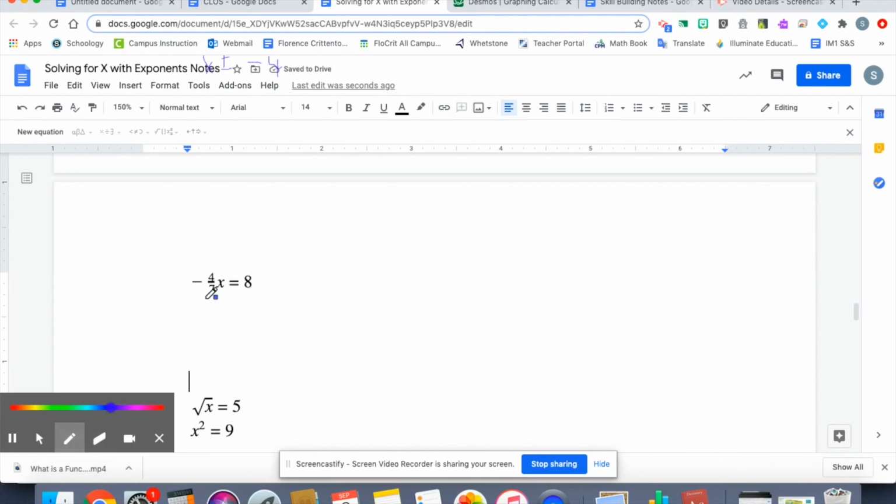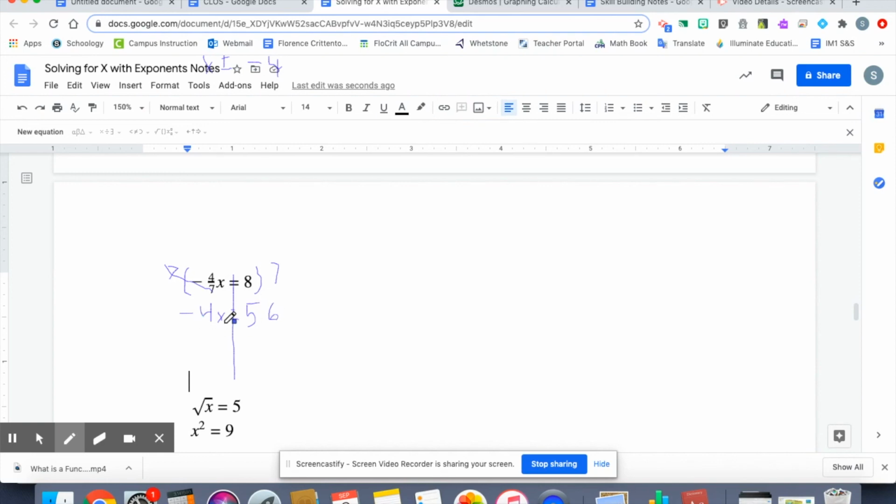So when you have a fraction, remember fractions mean times by the top, divide by the bottom. So I'm going to start with the fact that it's dividing by 7. So to undo dividing by 7, I have to multiply this side by 7, and I have to multiply this side by 7. So multiplying and dividing are inverses, so these two cancel. So I still have the negative 4 and the x. And then on the right, 8 times 7 is 56.